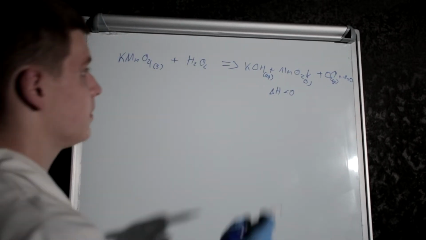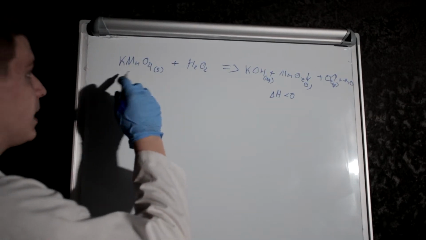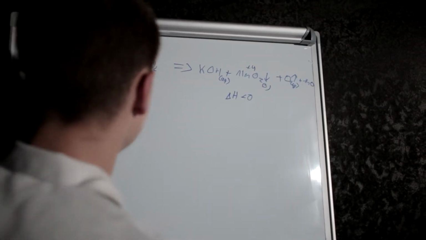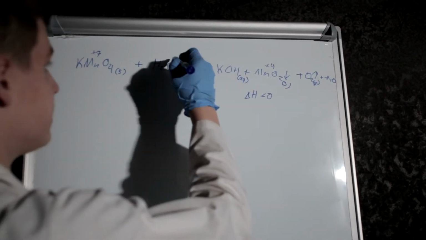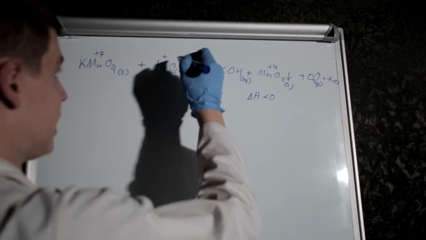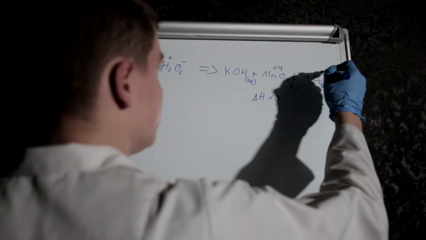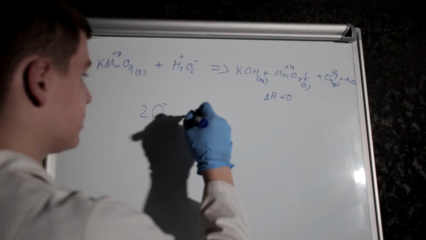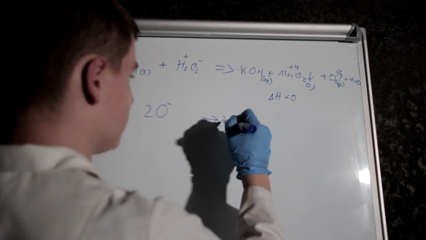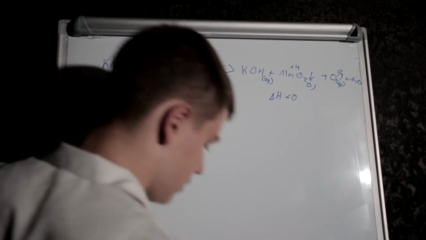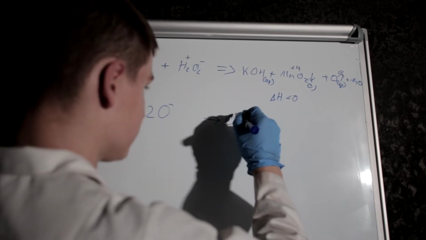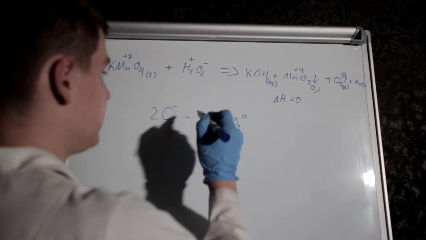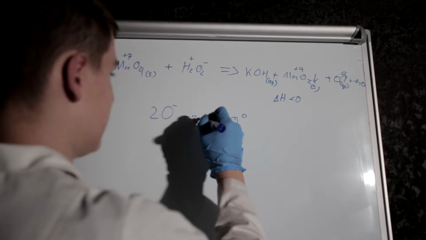Then we see that the manganese has its oxidation state of +7, and here it has +4. It changed from +7 to +4, and the oxygen changed from -1 to 0. Let's write that down. 2 oxygen with minus 1 turn into O2 only, 0. So in order for that to happen, it needs to give 2 electrons.